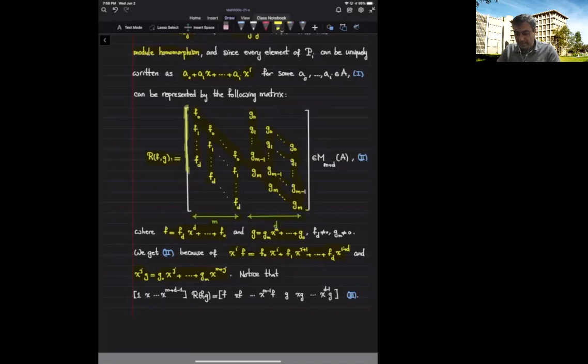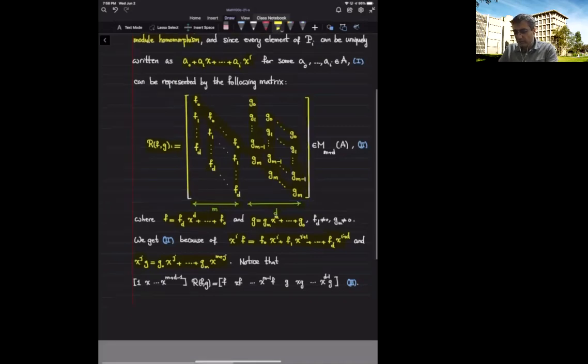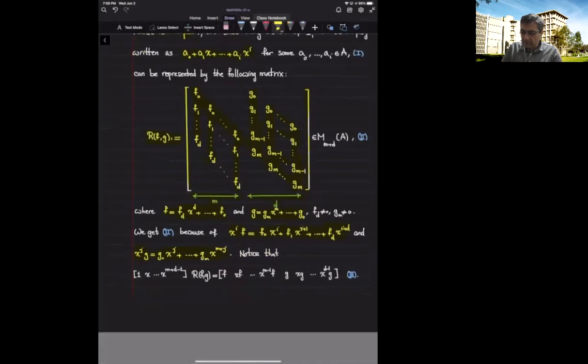Let's observe that when I multiply this matrix from the left by the row matrix consisting of powers of x, let's see what we end up getting. When I multiply this row by this column, I get 1 times f0 plus x times f1, x squared times f2, up to x to the d times fd.